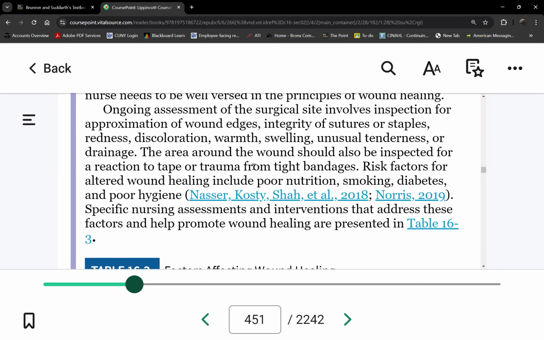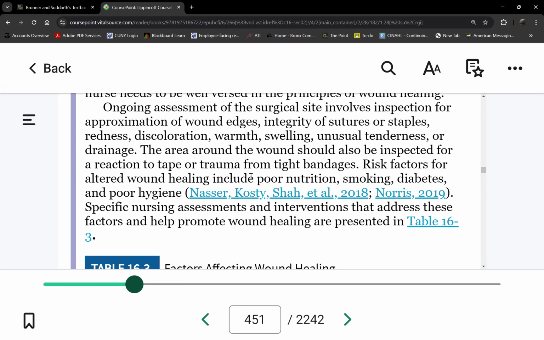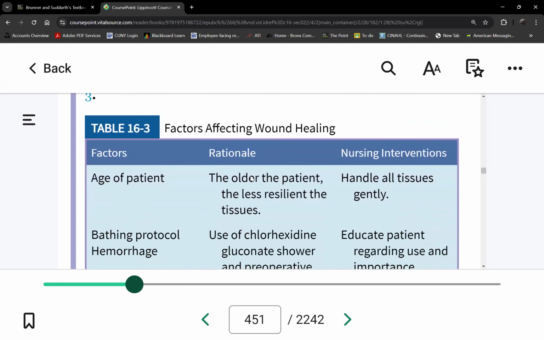So same thing. The drainage here will start sanguineous, bloody, and then becomes serosanguineous, and then becomes serous, meaning clear or yellow. Repeat that: sanguineous, serosanguineous, and then serous.